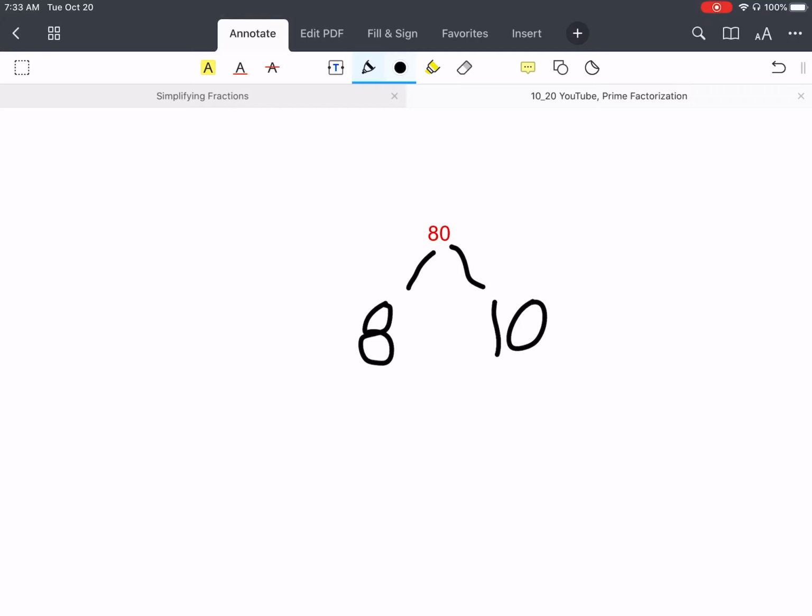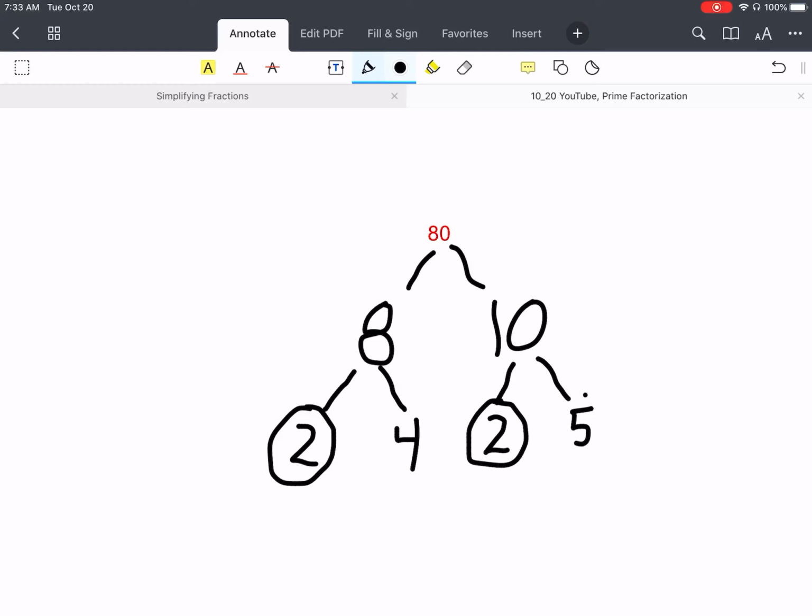And notice that I cannot circle either of these numbers because neither of them are prime. So I'm going to turn 8 into 2 times 4. And I can circle the 2 because that is prime. And 10 is 2 times 5. And I can circle the 2 and the 5 because those are both prime numbers.